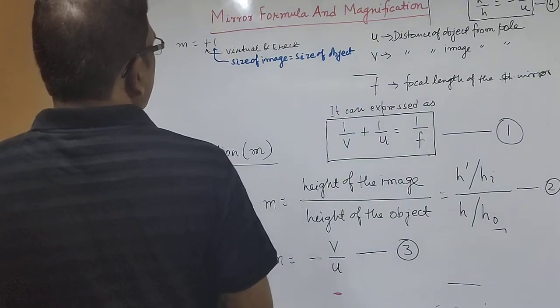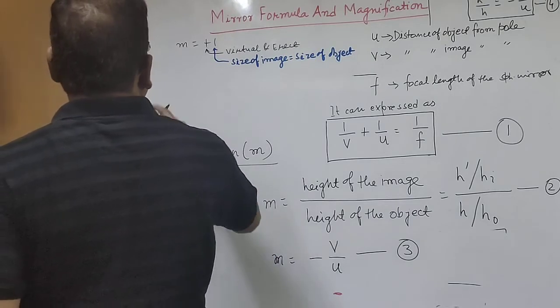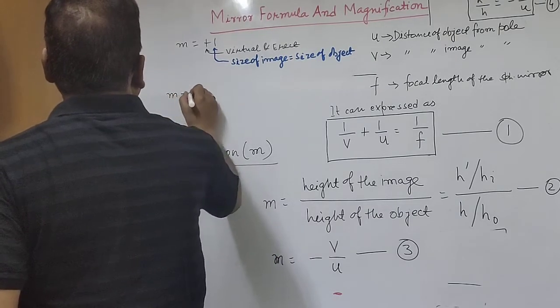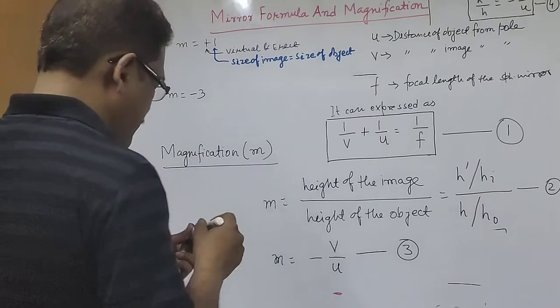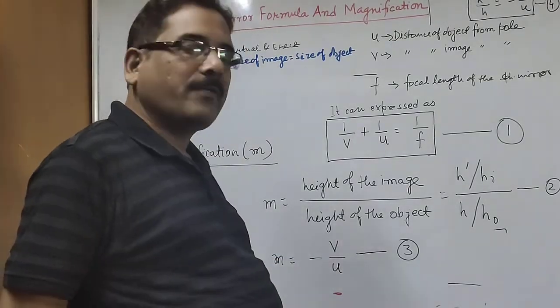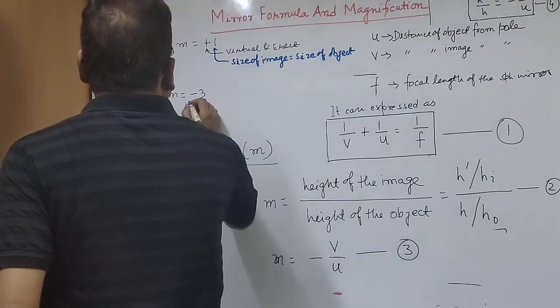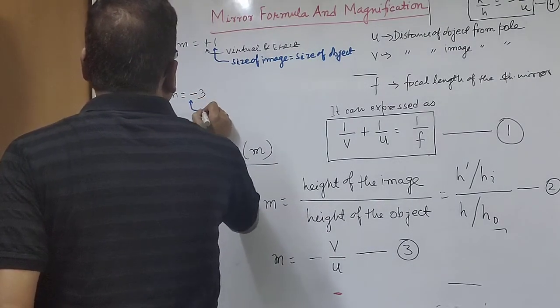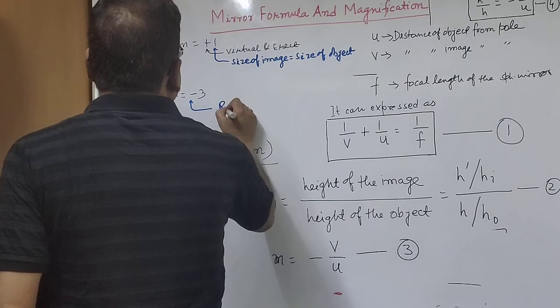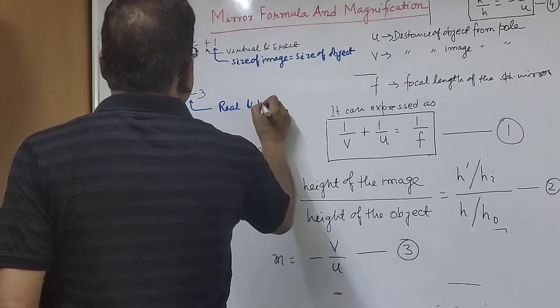Now suppose it is given that m is equal to -3. So what is the meaning of it? This minus sign indicates that the image is real and inverted.